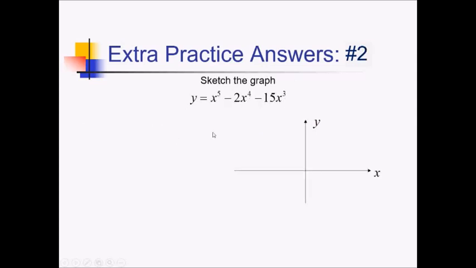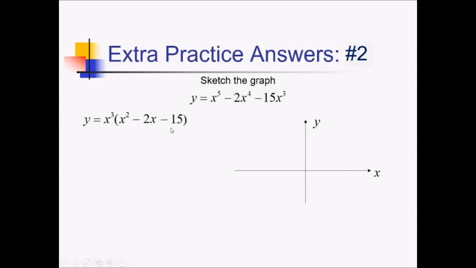In order to graph this polynomial in standard form, we need to get the roots, which is going to require us to factor it a bit. I can take out a common factor at the very beginning, and that's what I should always do if I can. These all have at least an x cubed for the variable. So if I take out that x cubed, that leaves me with an x squared for that first term, minus 2x, minus 15.